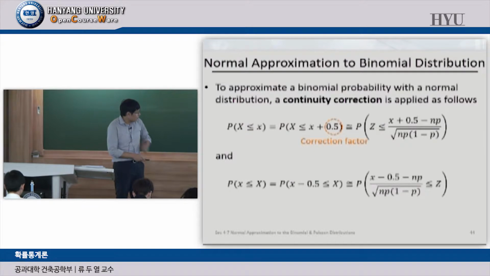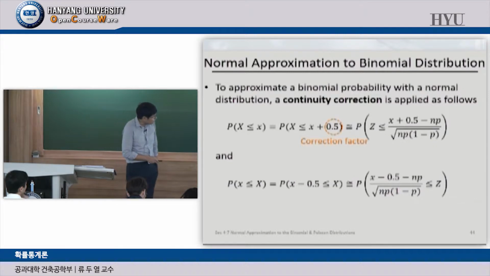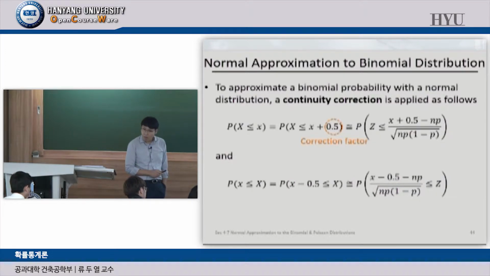The probability of X larger than or equal to small x should be changed to the probability of X larger than or equal to x minus 0.5. In this case, minus 0.5 is also the correction factor.